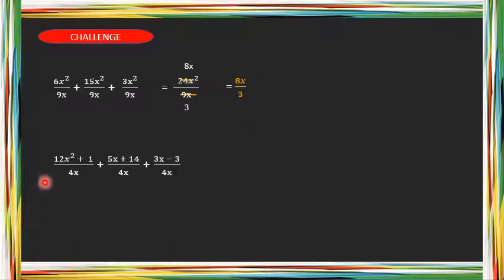Another one is 12x squared plus 1 over 4x plus 5x plus 14 over 4x plus 3x minus 3 over 4x. Again, copy denominator, then combine the similar terms. And we have this one, 12x squared plus 8x minus 12 over 4x. Where do we get the 12x squared?